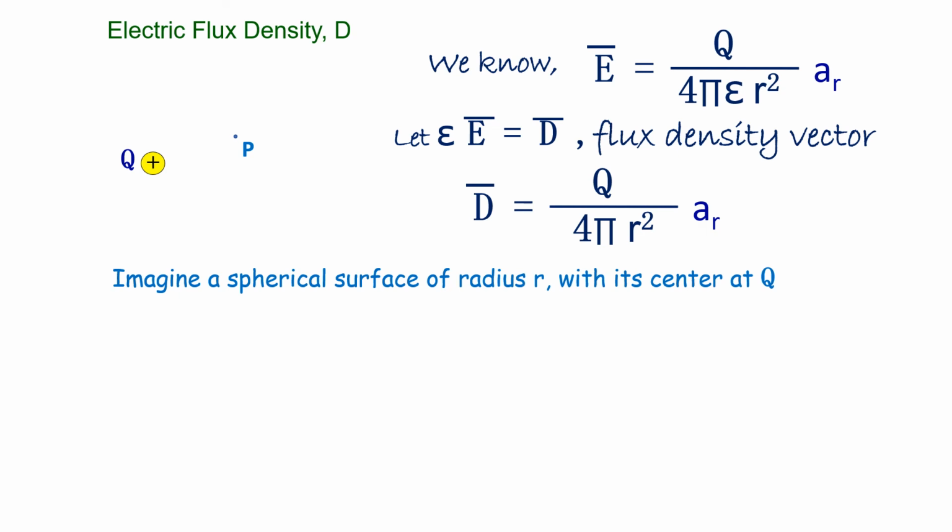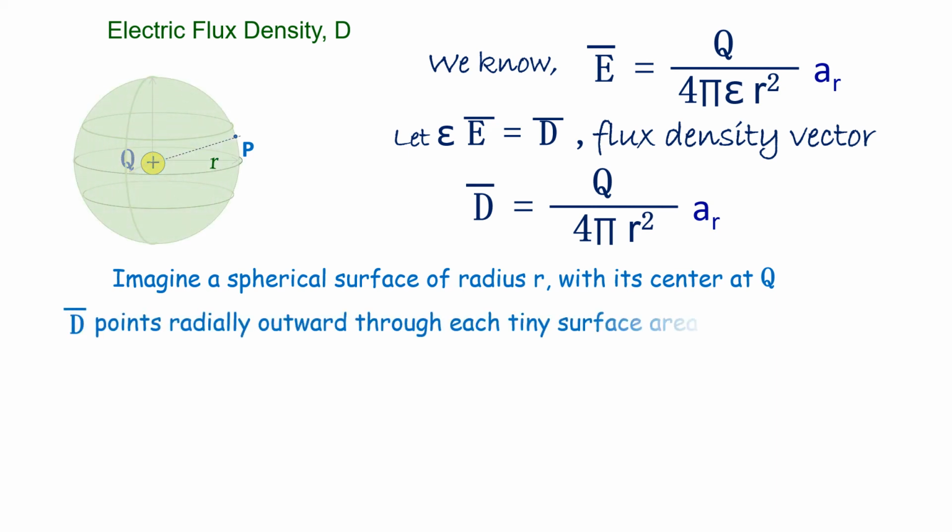Imagine now a spherical surface of radius R with its center at Q. The D bar vector points radially outward through each tiny surface area on the sphere.